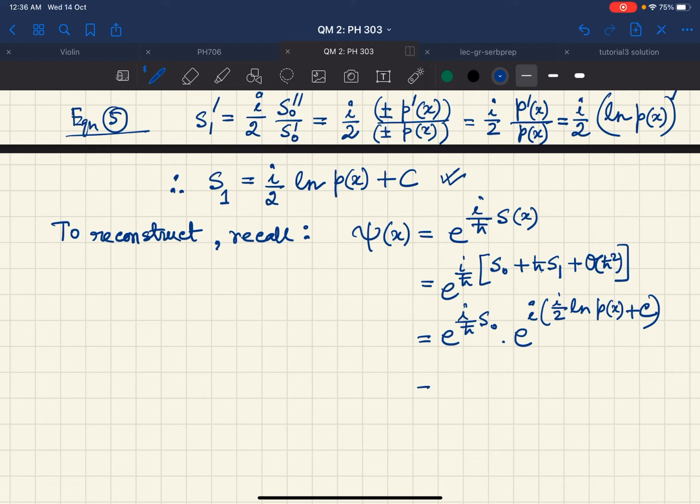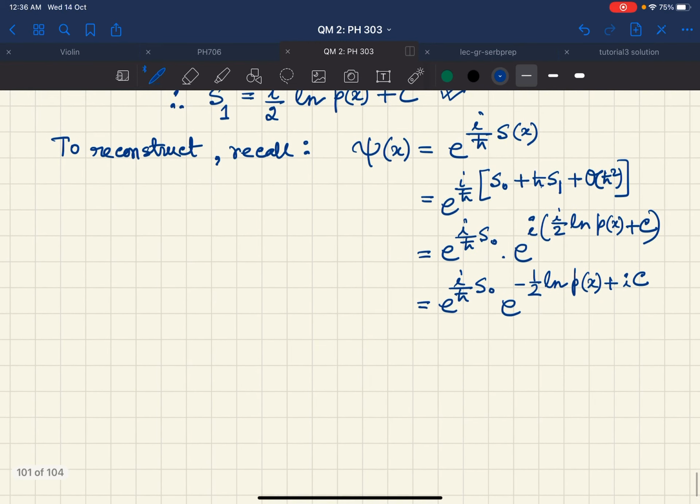So this we can write as e to the i by h bar S0 into e to the power i into i, which gives me minus 1, so minus half log p(x) plus i into c, which is again a constant.